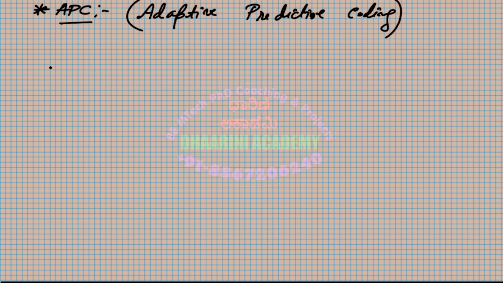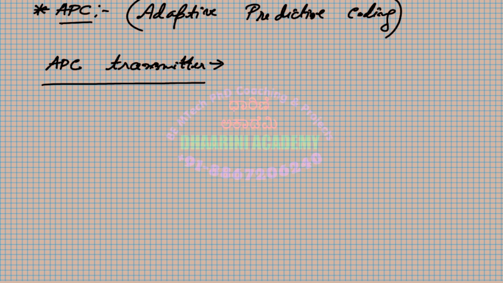So the block diagram we are writing here is the APC transmitter. Specifically transmitter, because we will not be using this for saving the audio. We don't do this coding for saving, only for the transmission purpose. So most of the block diagrams we see are only the transmitter part.